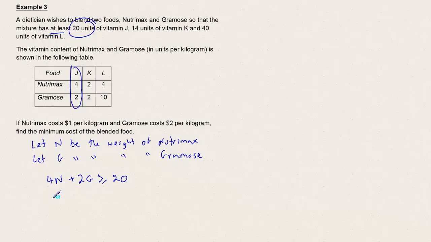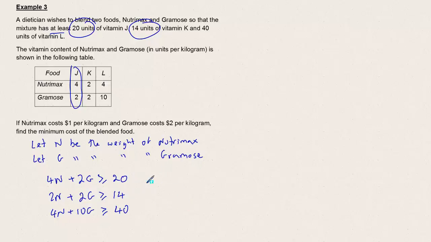If we do the same for the vitamin K, then we need to have 2N plus 2G is more than or equal to 14. And do the same for L, and that's 4N plus 10G is greater than or equal to 40.